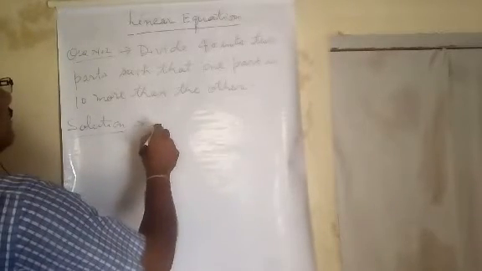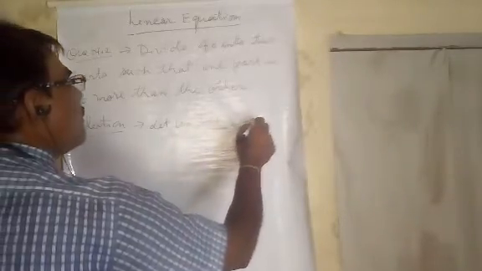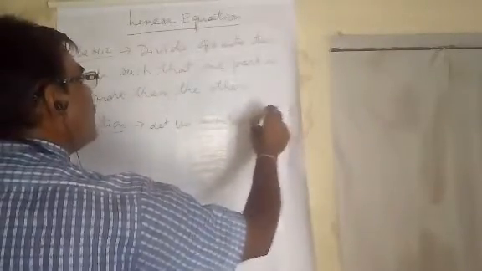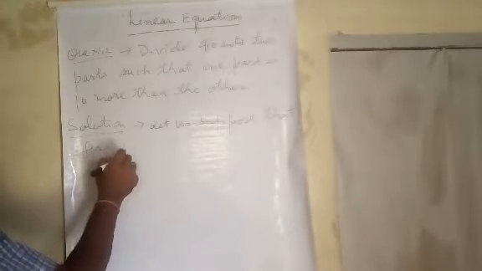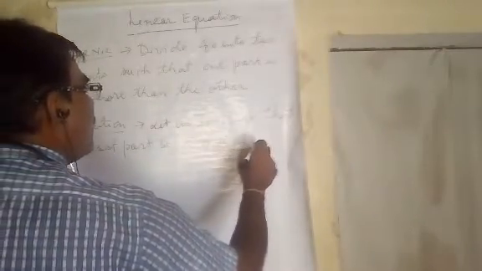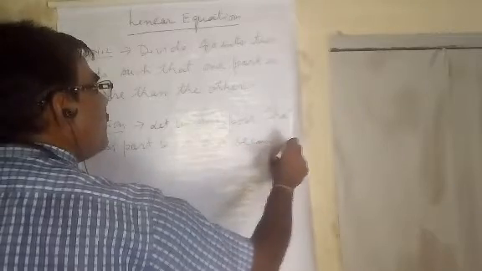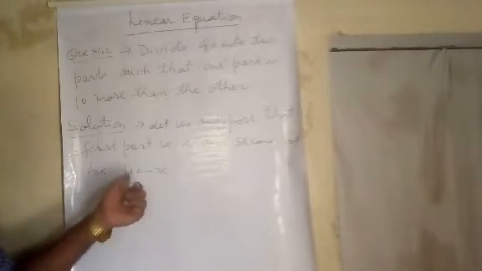So let us suppose that the first part be x and the second part be 40 minus x. The second part is 40 minus x.